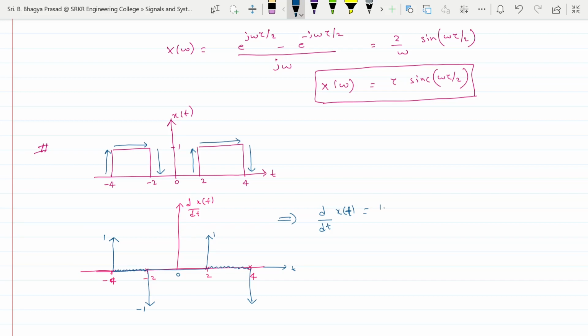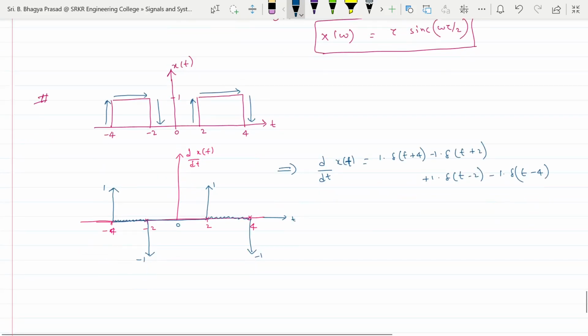So 1 into del of t plus 4 minus 1 del of t plus 2 plus 1 into del of t minus 2 minus 1 into del of t minus 4.